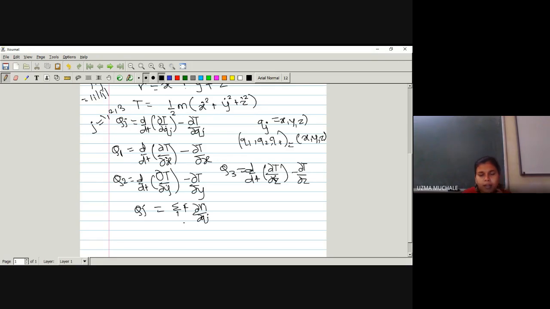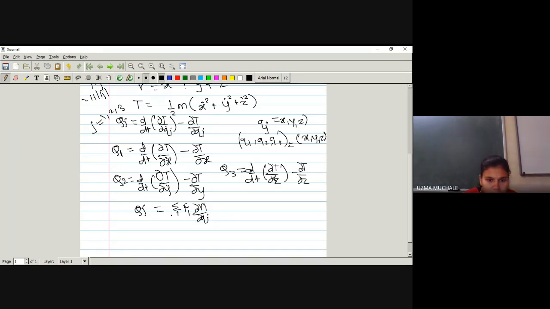This we have already done in the case of a transformation equation, transforming one set of variables to another set of variables. That means transforming Cartesian coordinates to generalized coordinates. At that time, we derived this equation, Qj is equal to summation over Fi dot dou ri by dou qj.